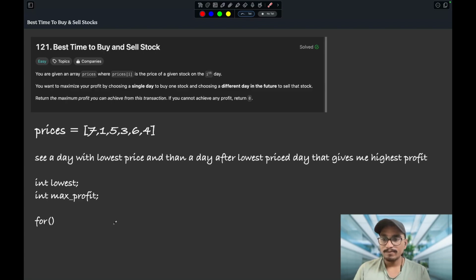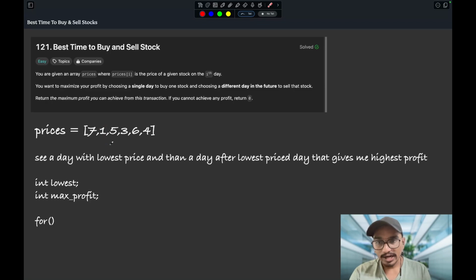So in that case we can return zero. Basically, a day with the lowest price and then a day after it gives me the highest profit. In this array, this is my lowest price day.